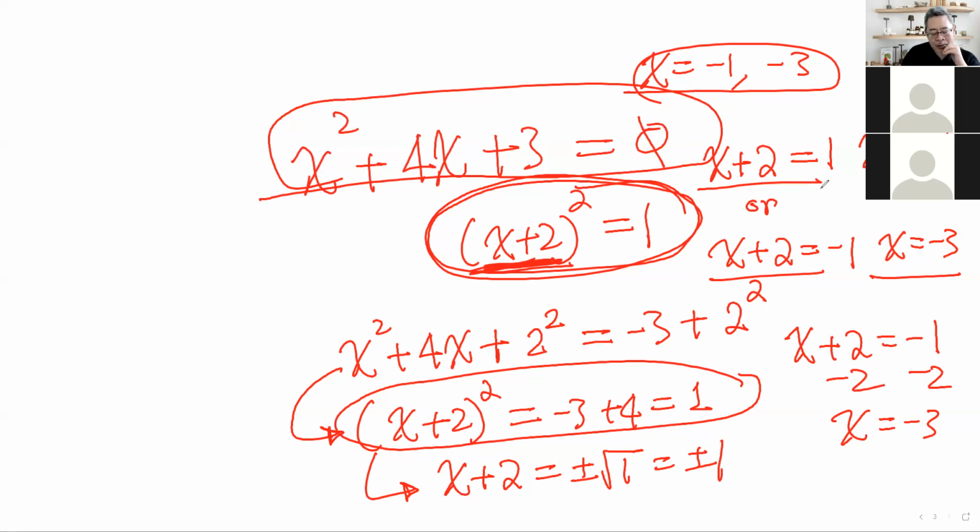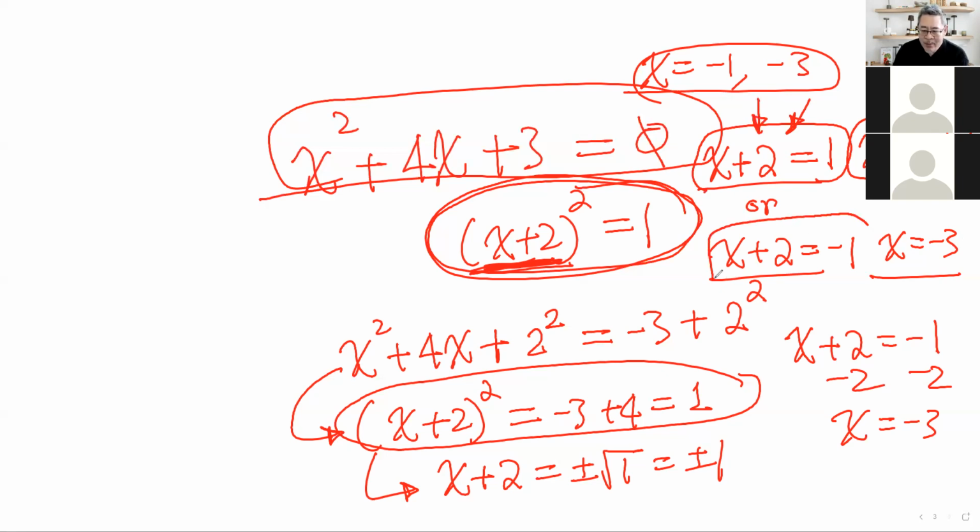Which one is the real solution? We don't know yet, but we just give all the possibilities. One possibility is x plus 2 is 1. And if that is true, then x should be equal to negative 1. That's what we call logic deduction.